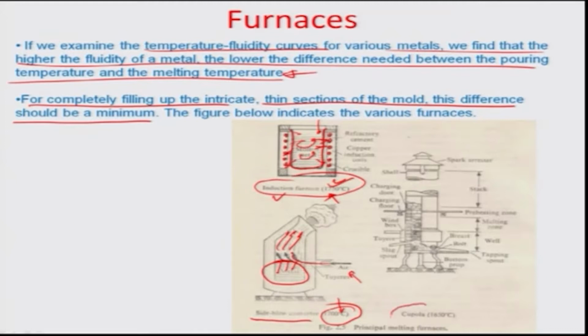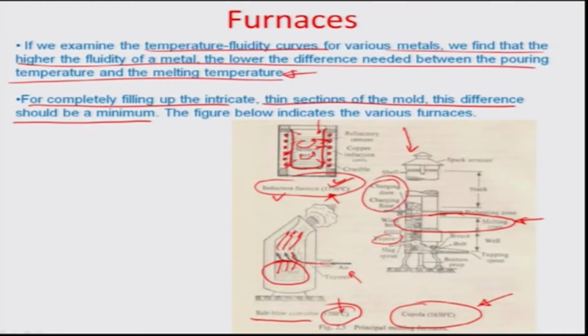There is this famous cupola furnace which can go up to slightly lower, about 1650 degrees Celsius or so, and you can see this is the orientation of a cupola furnace. So, this right here is the melting zone, for example, and again the tuyeres are able to send hot air throughout this melt, where a slightly impure form of iron can also be loaded and slag can be extracted.